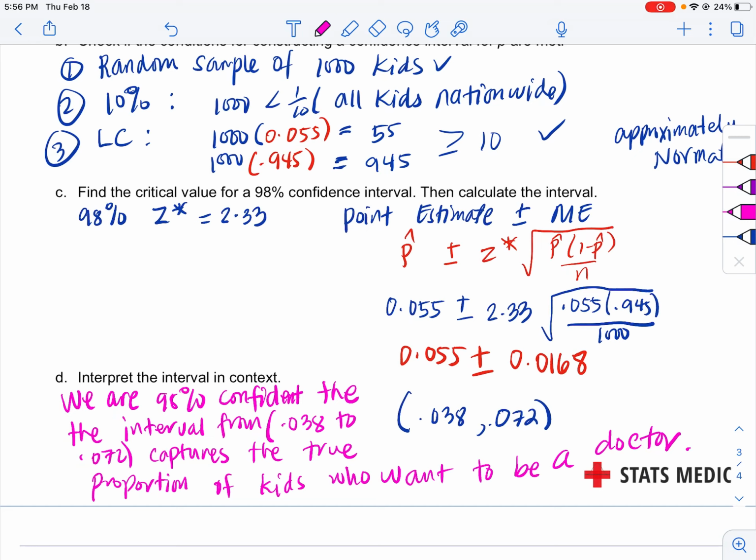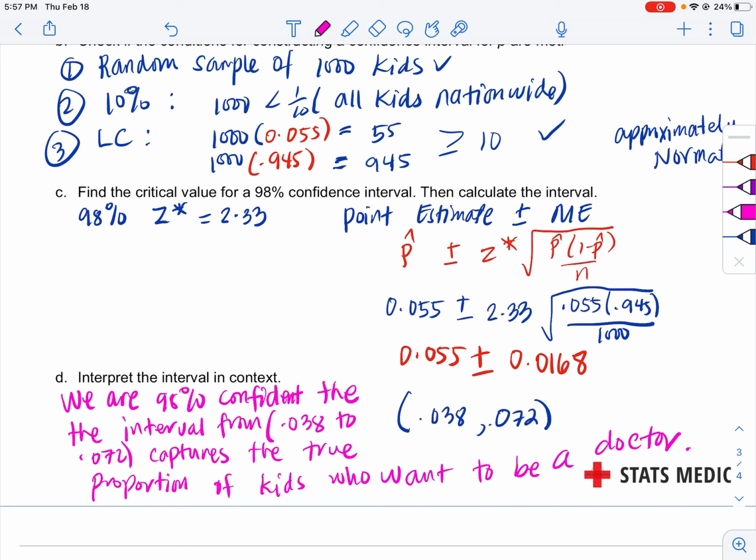Why do we check the 10% condition? Because we need to make sure it's independent. And the last one, we check the large count condition because we want to make sure that it's approximately normal.